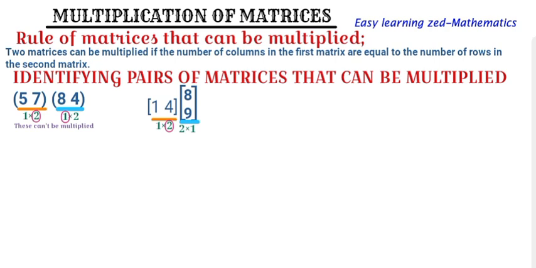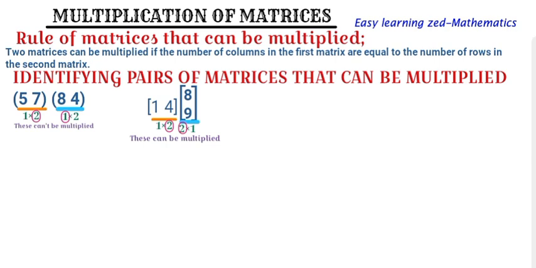In the second matrix, the number of rows is indicated by this number 2 again. These two numbers are equal. So the first matrix has 2 columns and the second one has 2 rows. Therefore, these two matrices can be multiplied.